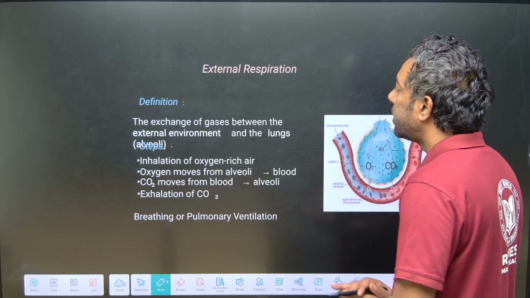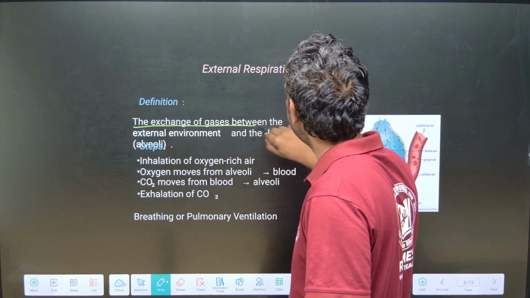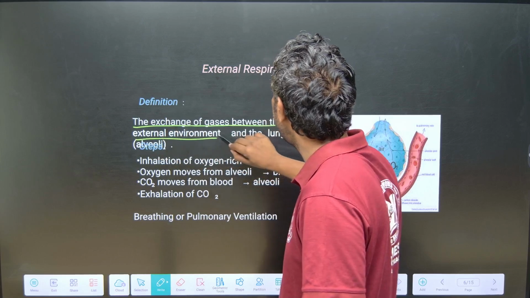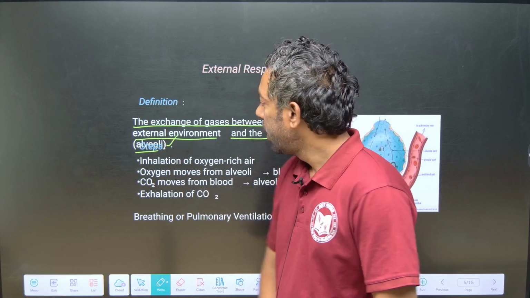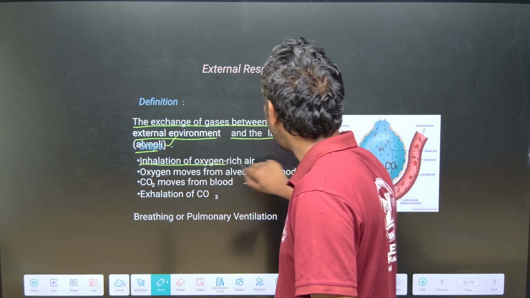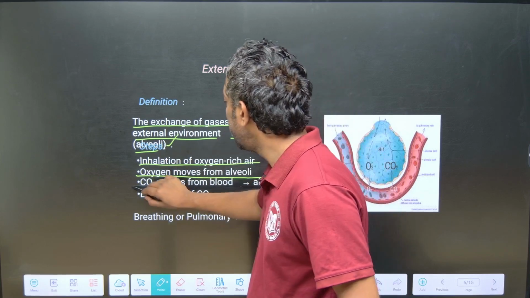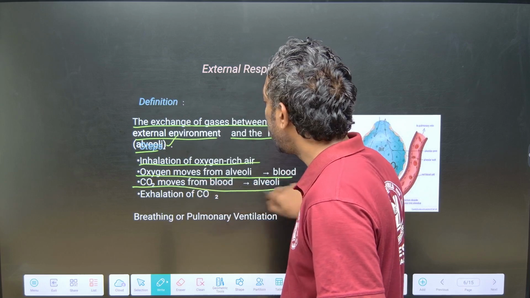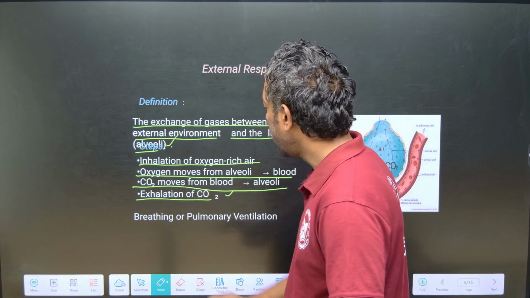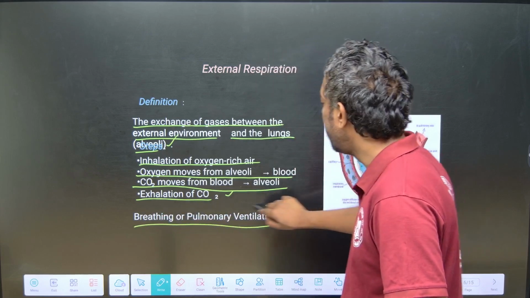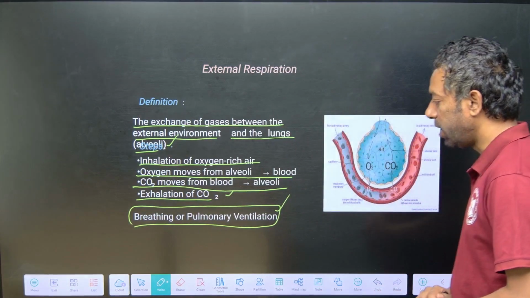This is the definition of external respiration: exchange of gases between the external environment and the lungs, the alveoli. Steps: inhalation of oxygen-rich air, oxygen moves from the alveoli to the blood, CO2 from the blood to the alveoli, and exhalation of CO2. We can call it breathing or pulmonary ventilation.